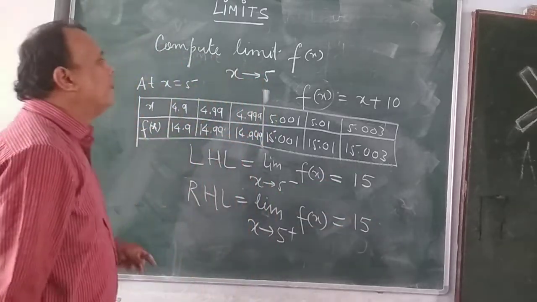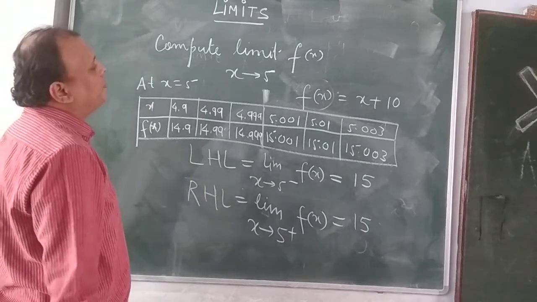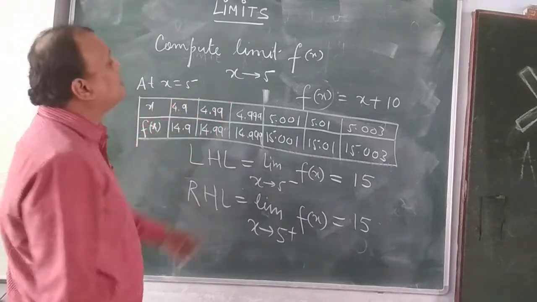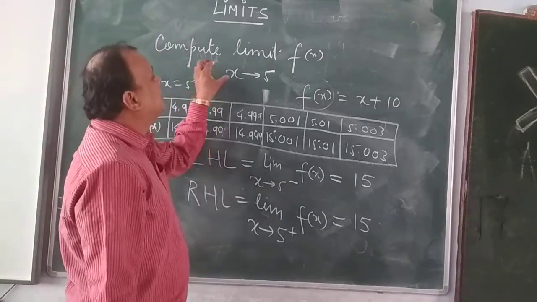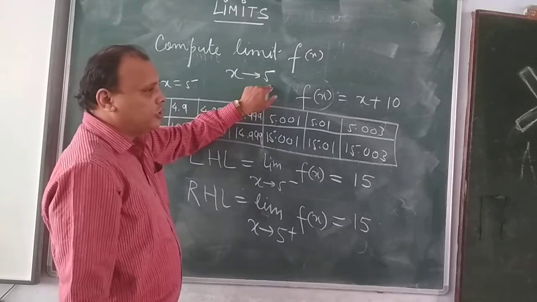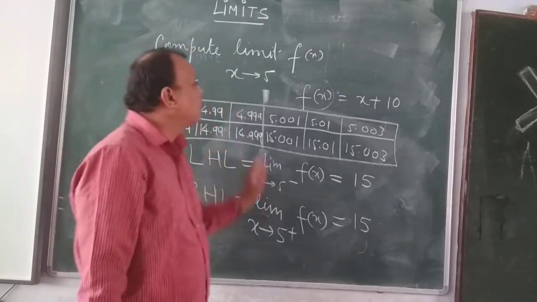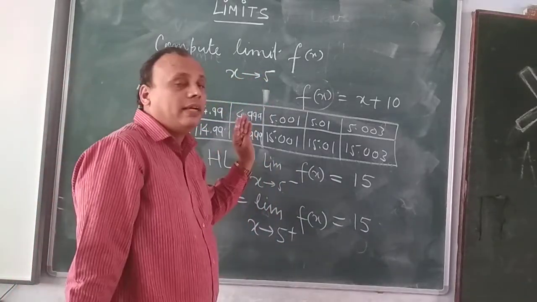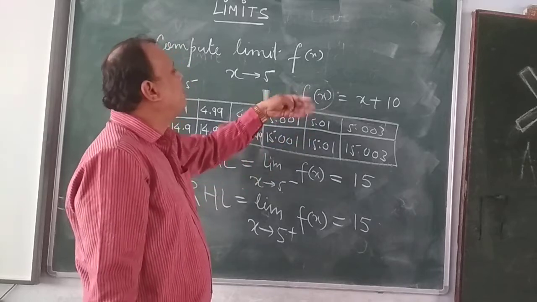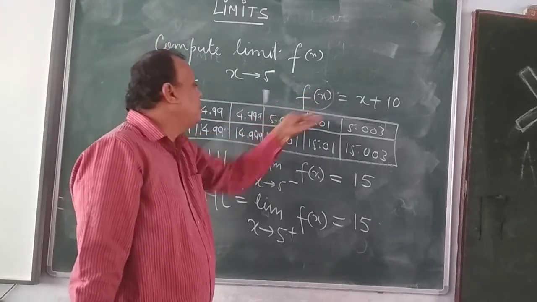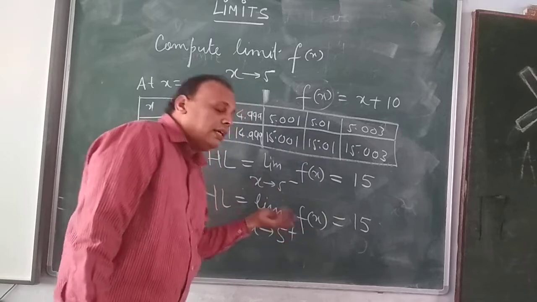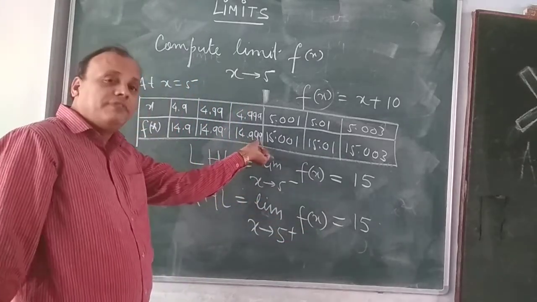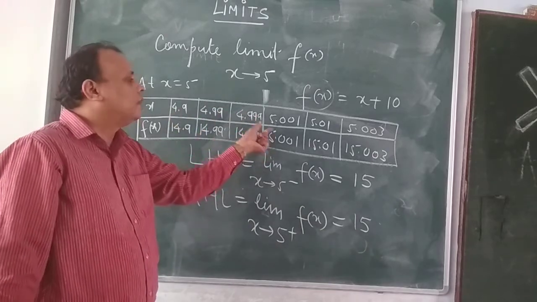This is how we can compute the limit of any function at a particular set value. Please understand, if they are asking at x equal to some constant, you have to clearly display the neighborhood of that particular value inside your mind and just find out the value of the function at that particular point, and you can calculate and see how practically it is clear that we are approaching towards 15 as and when x is approaching towards 5.